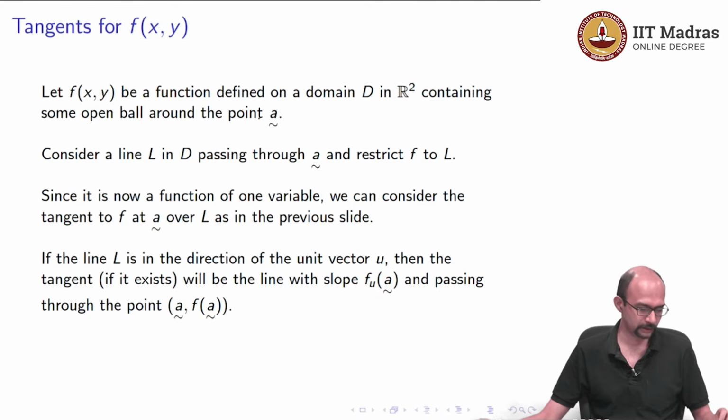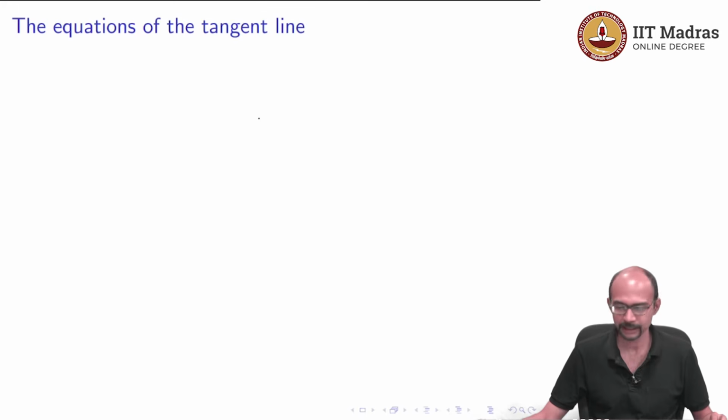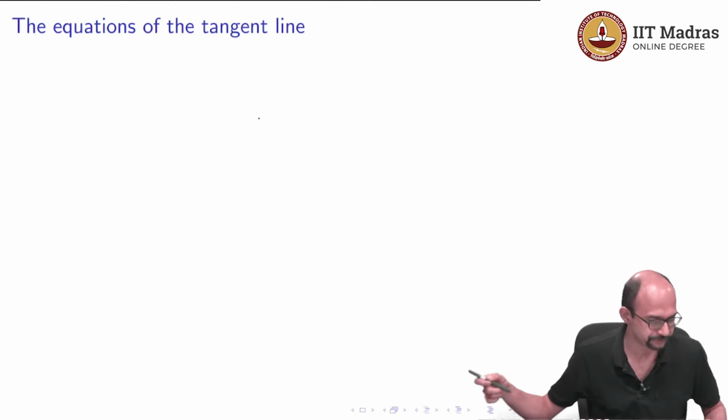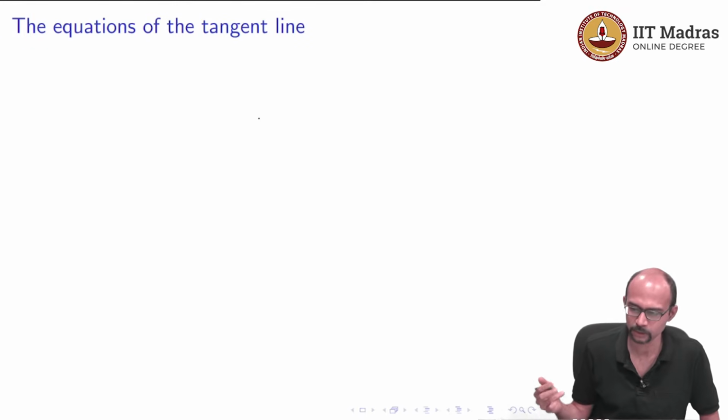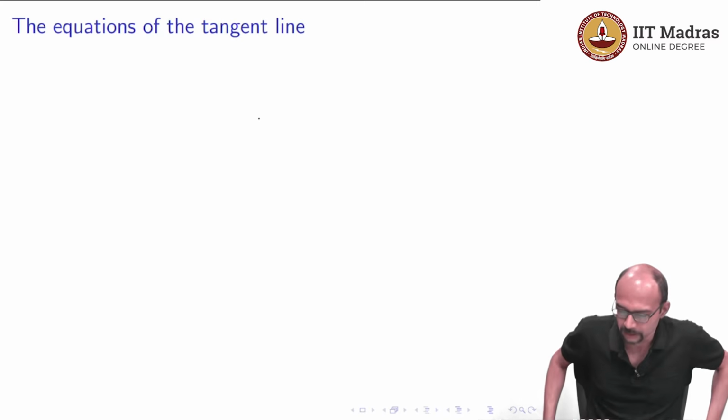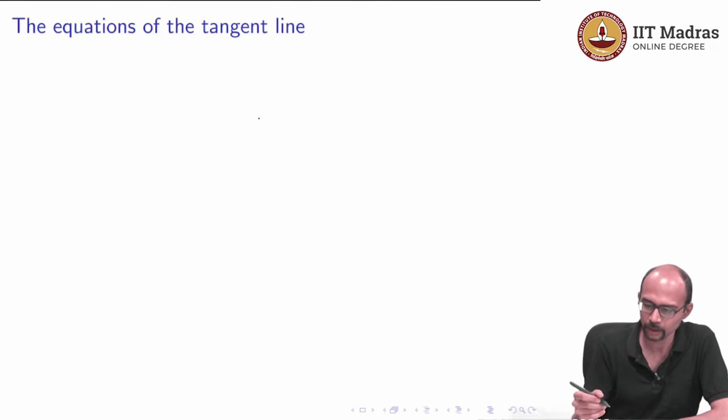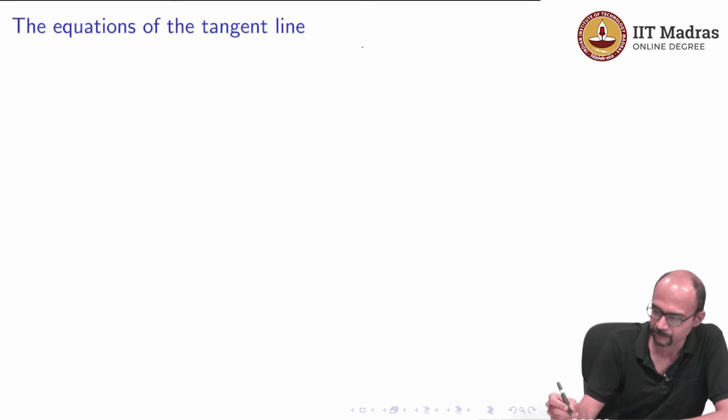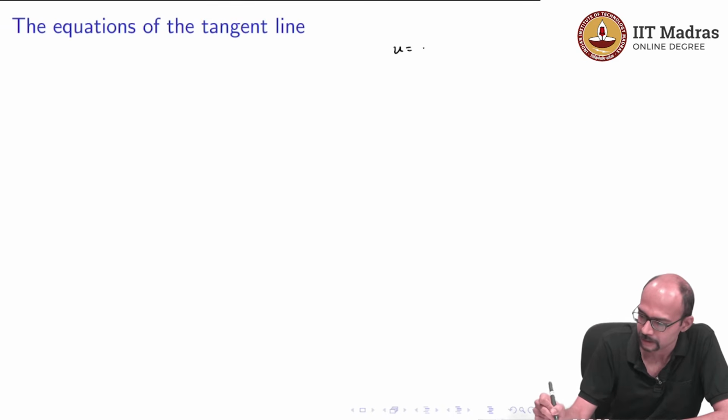So, using these facts, we can write down the equation of this line, and let us try to write down what that equation is. We can write this equation down in several ways. First of all, what is the line below? I am going to take u to be (u1, u2).